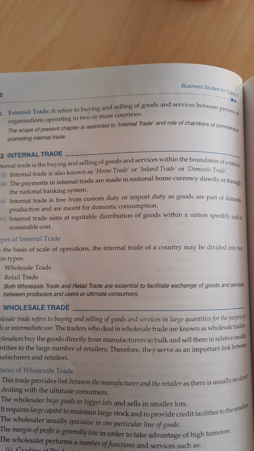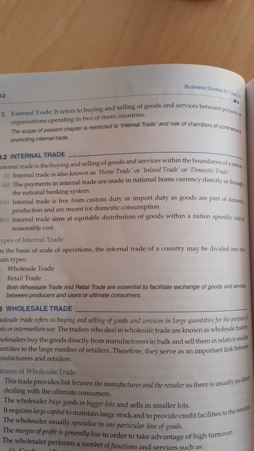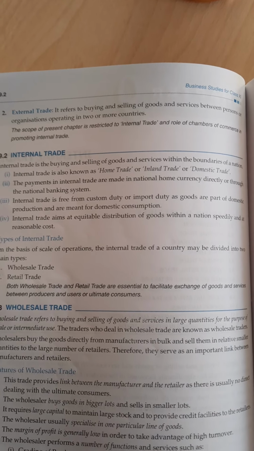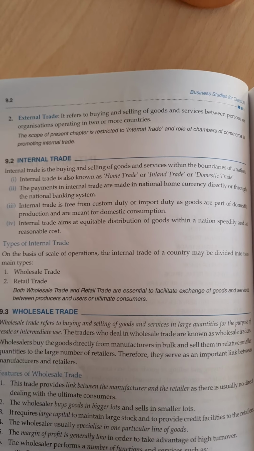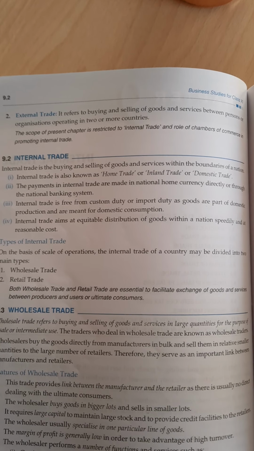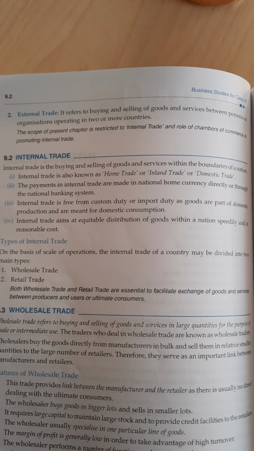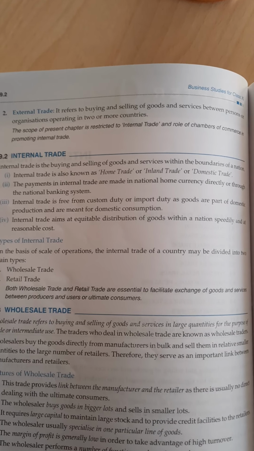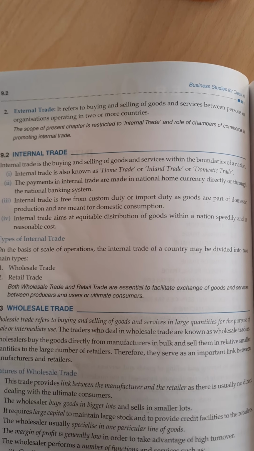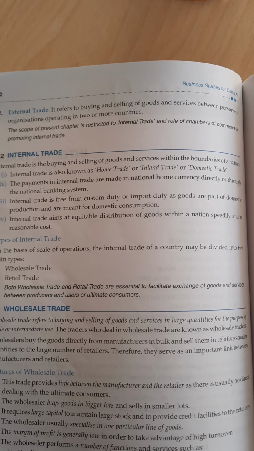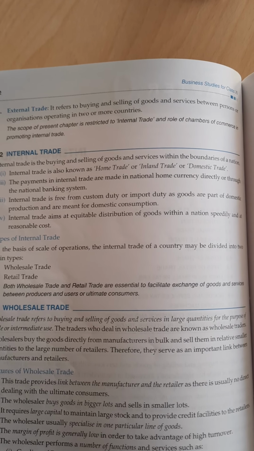Dear students, custom duty is the charges or the taxes which are paid when we cross the border of the country. Okay, so because in internal trade there is no transfer of goods from another country to our country, that's why there is no need to pay custom duty or import duty, as goods are part of domestic production and are meant for domestic consumption only.